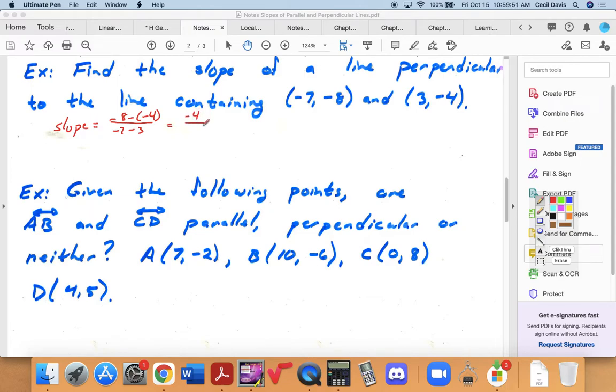So that's -4 over -10, which is 2/5. So what will the slope of the perpendicular be? Negative 5/2. Yeah, -5 over 2.